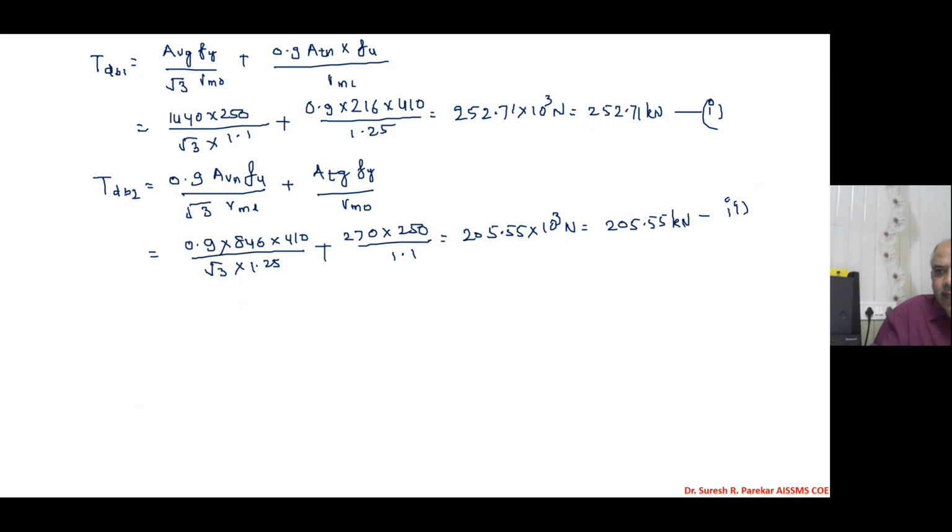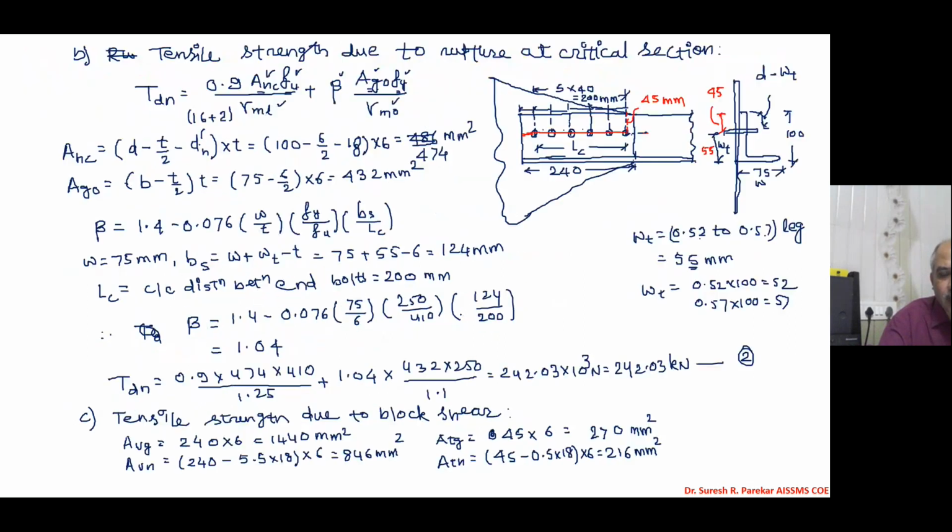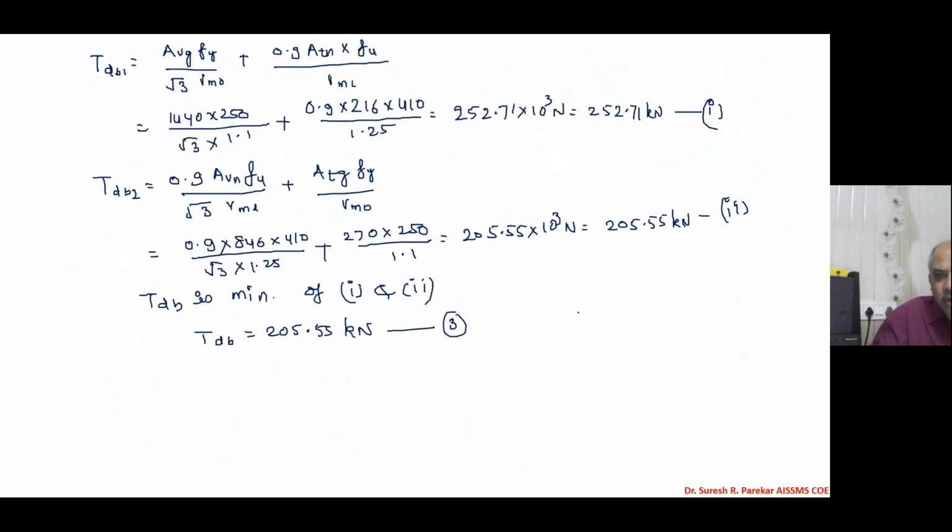So TDB is the minimum of 1 and 2, and then we have TDB equal to 205.55 kilonewton. So we have already 1, 2 and 3. We have value 1, 229.45.